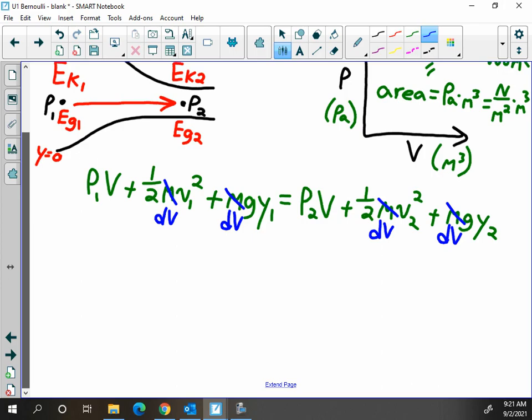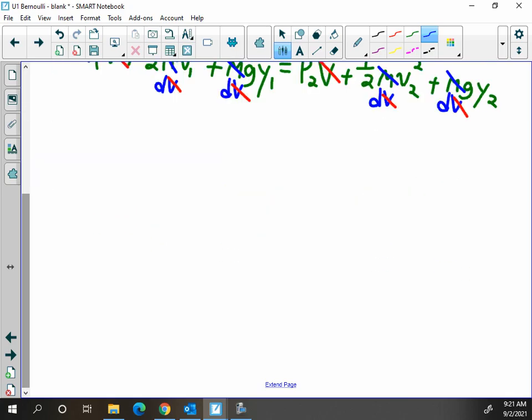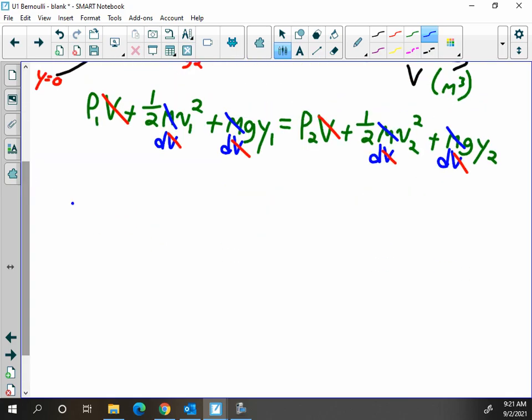Yeah, so I'm going to get rid of volume in every quantity. And then that lets me write what is often the final form of Bernoulli's principle, or his equation.